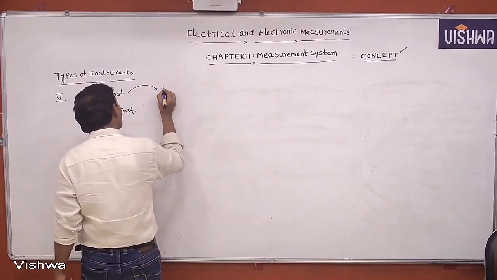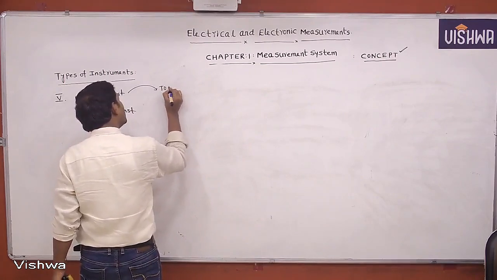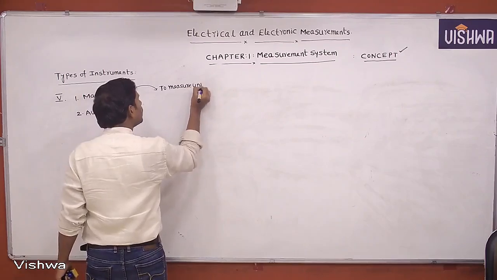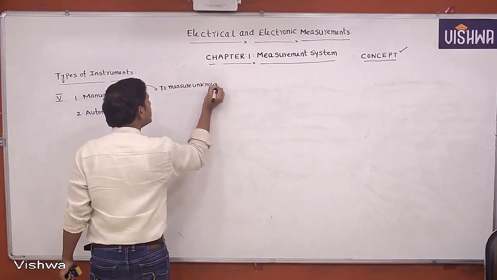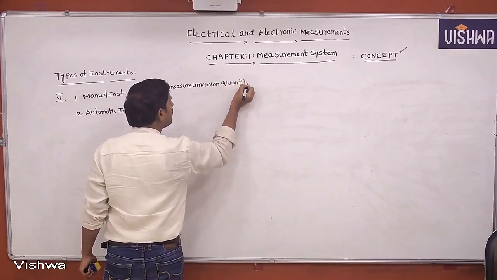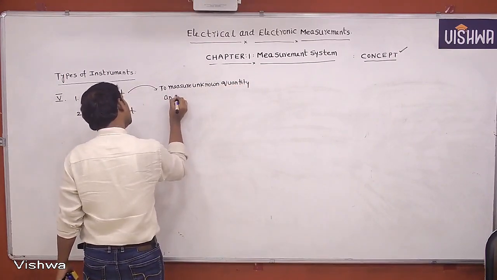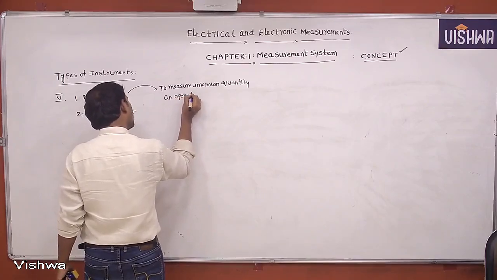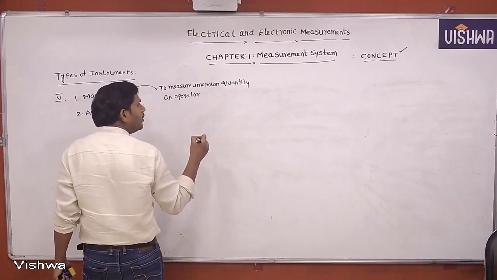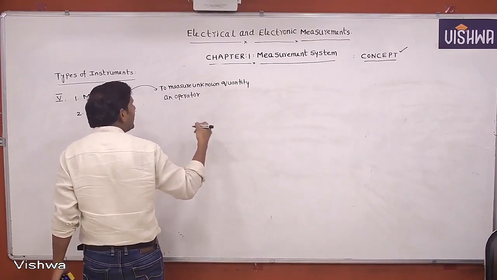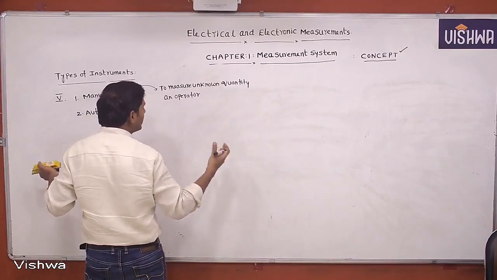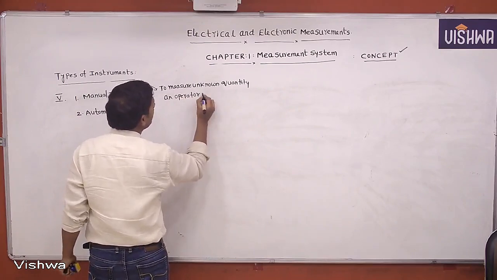That operator only will measure the unknown value. Then he justifies what the unknown value measured is. That's why to measure unknown quantity, an operator is required.